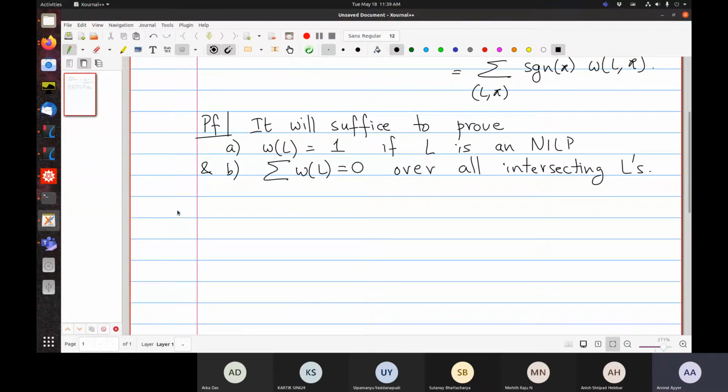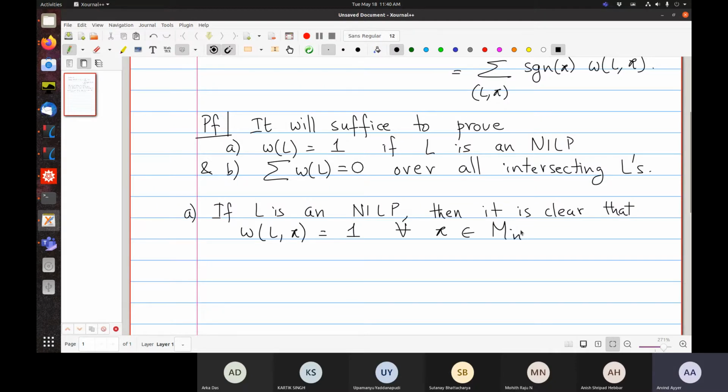Now let's prove A. This is the easier part. So if L is an NILP, then it is clear that W of L comma pi is 1 for all pi in an interval.